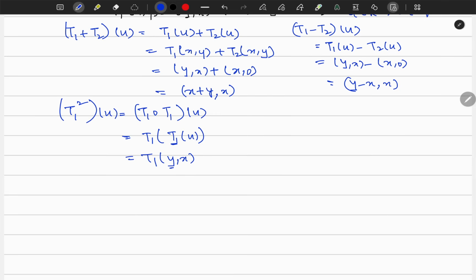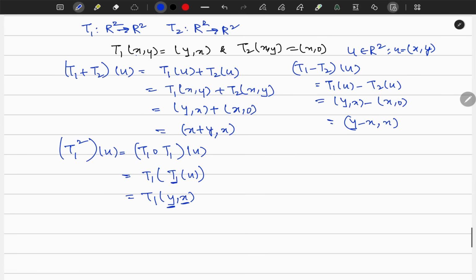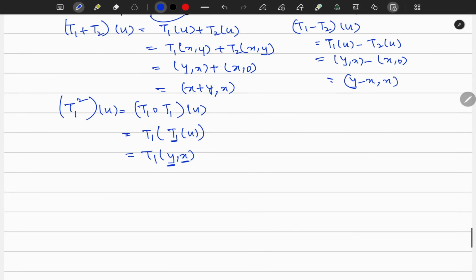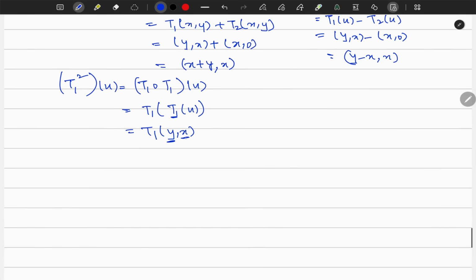So this is your first coordinate, this is your second coordinate. T1 says the first coordinate goes to the second position and the second goes to the first position. This is the rule. So don't think about x and y, think about the rule. The rule says that the first coordinate goes to the last and the last goes to the first. So here you have the first one as y, so it will go to the last and the last will come to the first when you apply T1. So this is T1 squared.